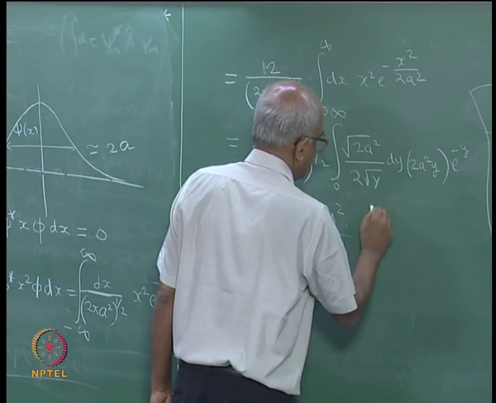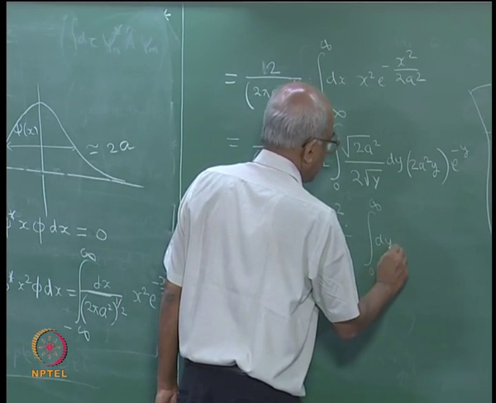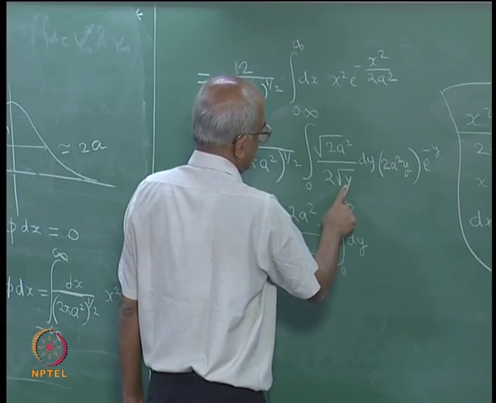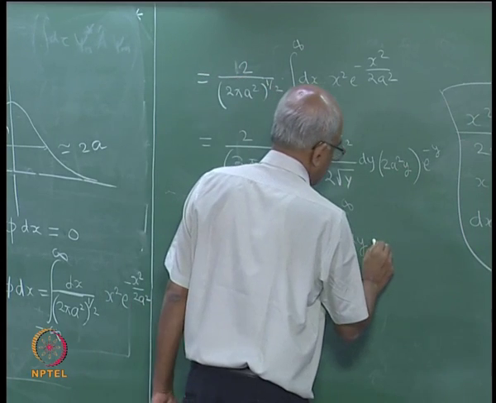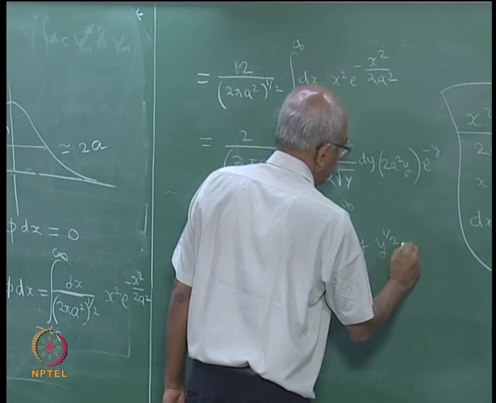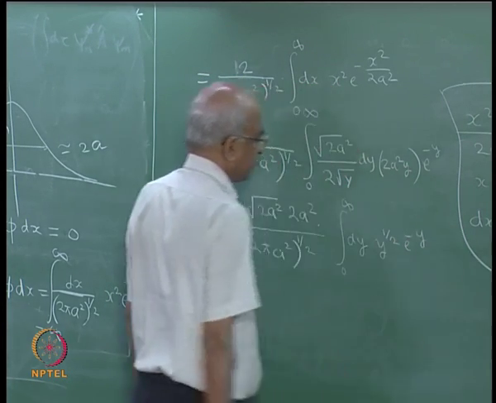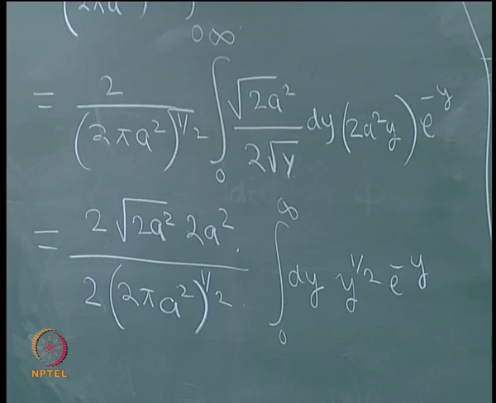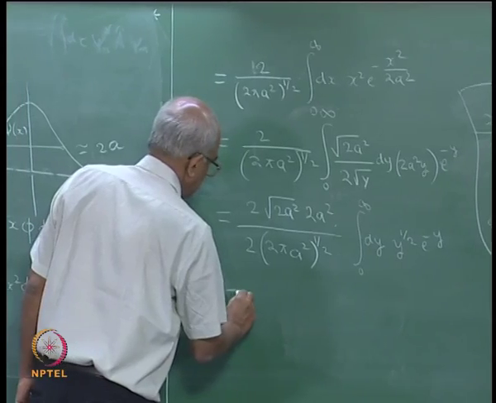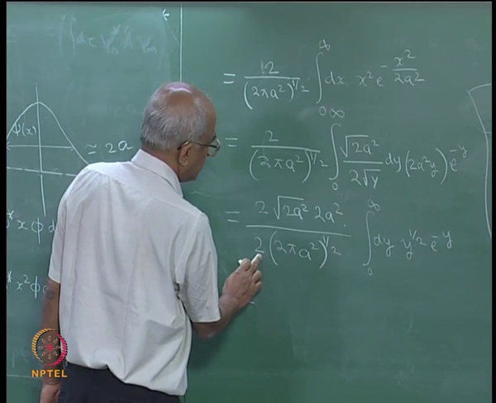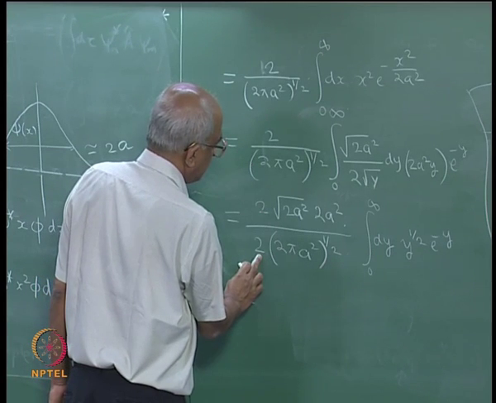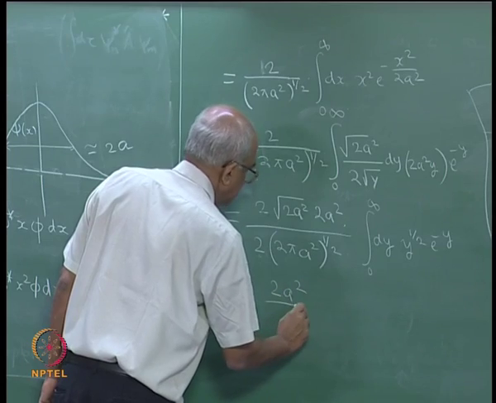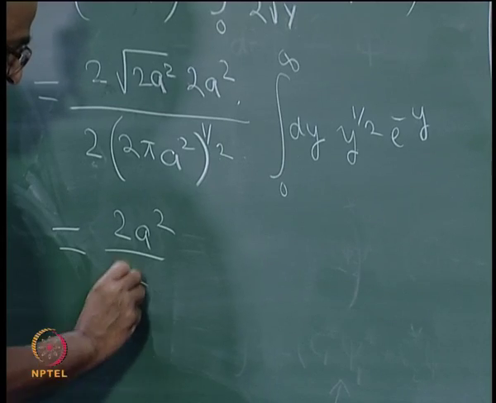I will have integral 0 to infinity dy. There is a y here, there is a square root of y in the denominator. So, therefore, y to the power of half e to the power of minus y. So, let me cancel out the 2's. 2 a square also goes. I suppose this is correct. Correct me if there is a factor of something missing.